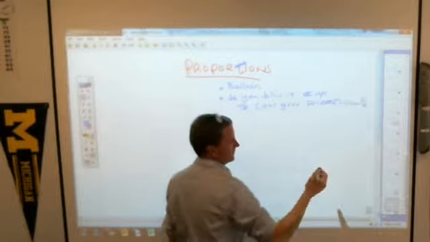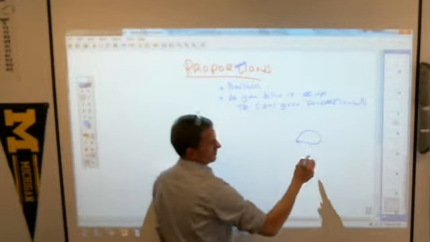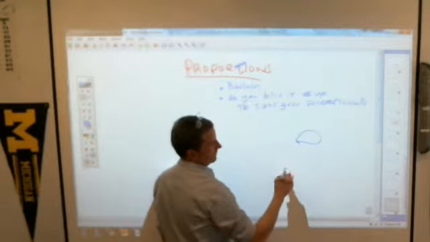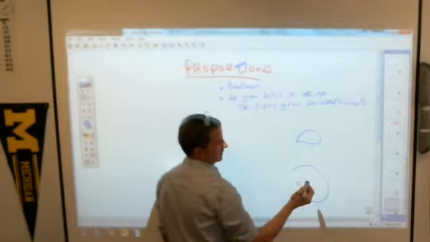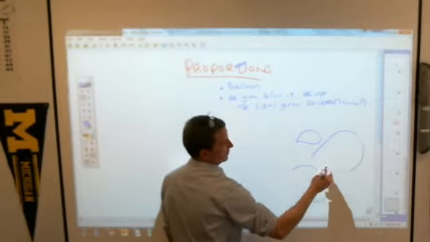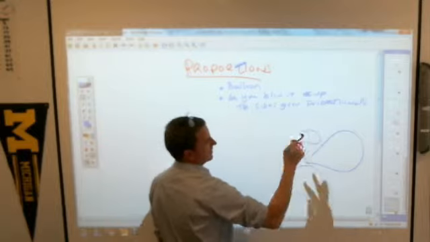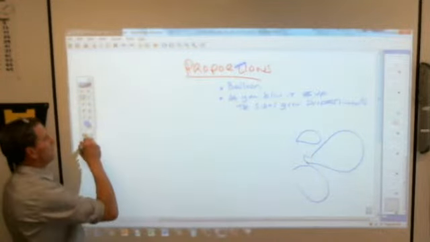Which simply means this, you start with your little balloon here, and as you blow it up and it gets bigger, one side doesn't stay flat while the other one gets a lot bigger. They all grow together as one big thing. And that's what we talk about when we talk about proportions or proportionately.